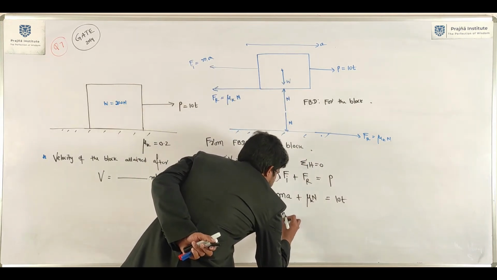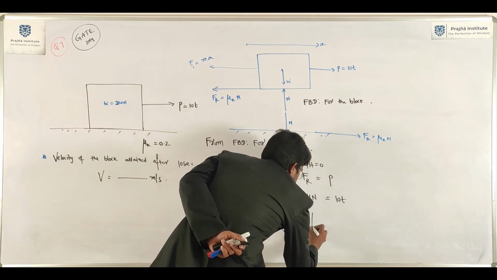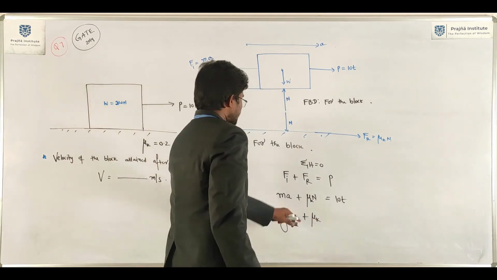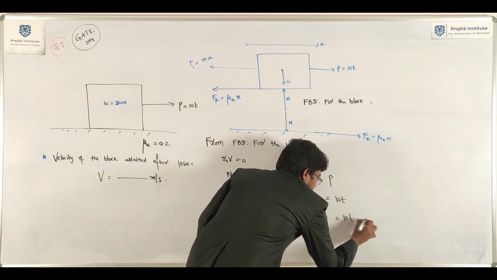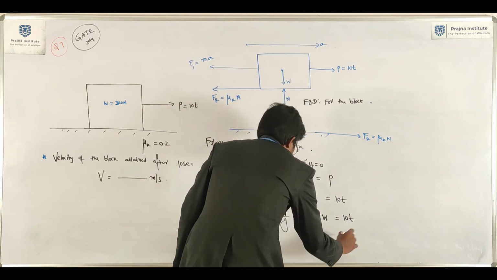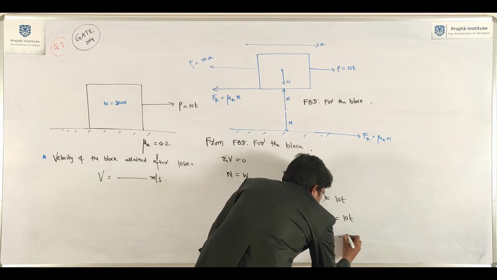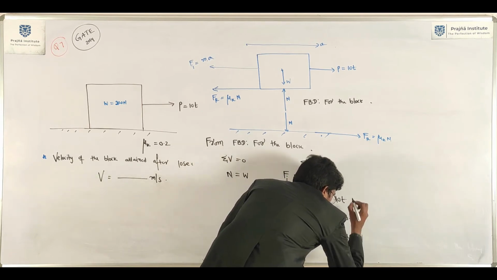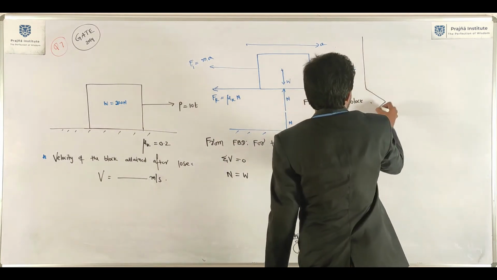Here, W by g into acceleration plus mu K into N, which is W, equals 10t. Then what will you get, tell me. W by g into acceleration equals 10t minus mu K into W.